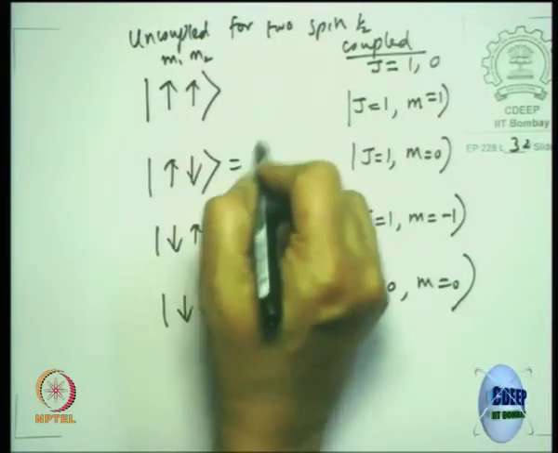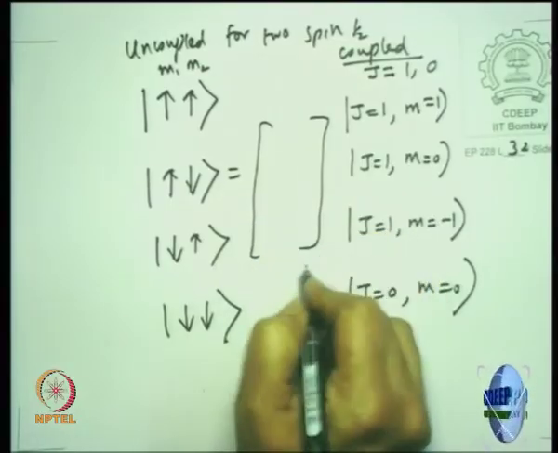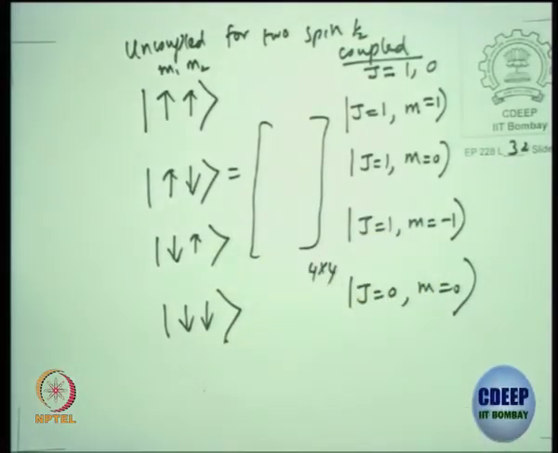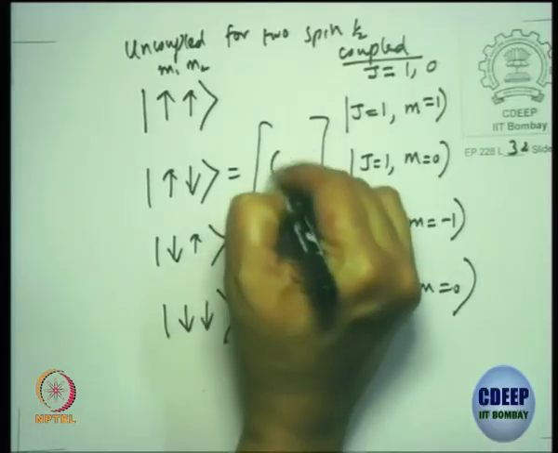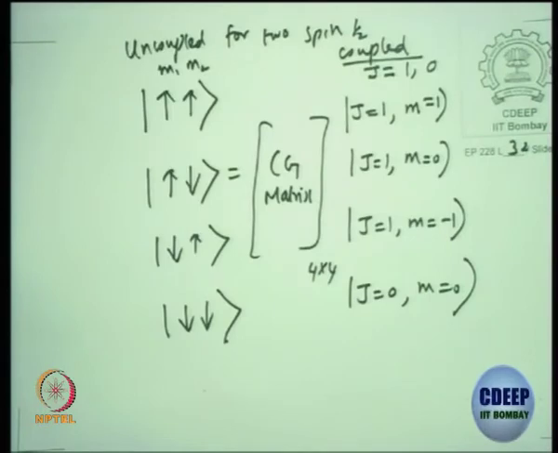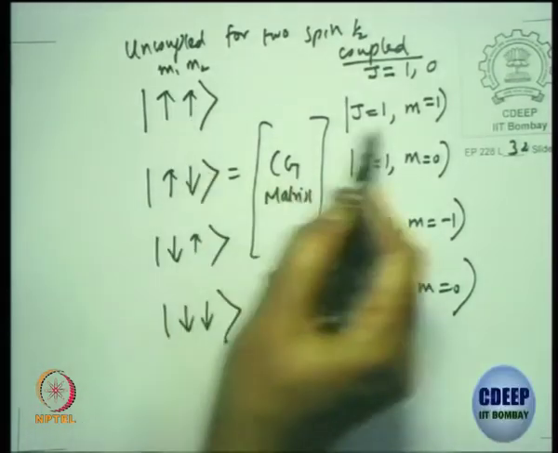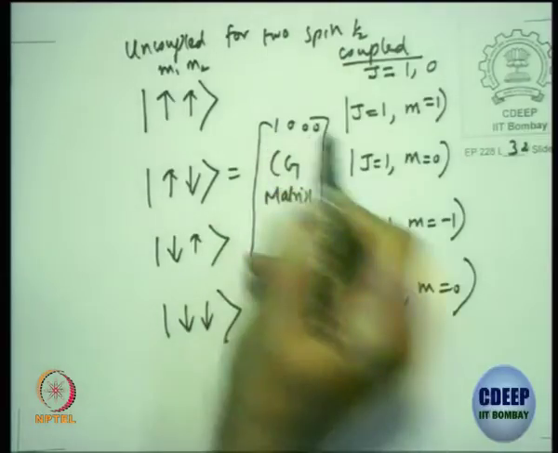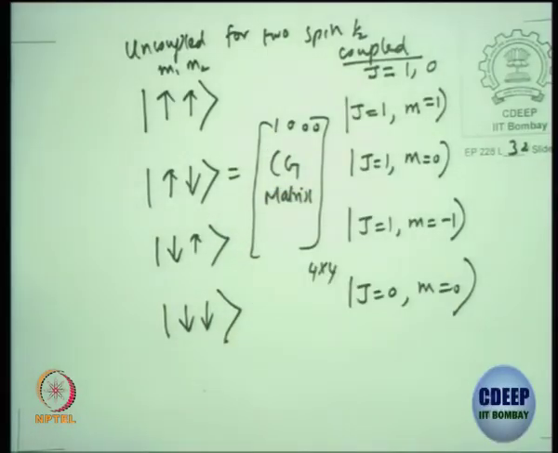So these should be related by a matrix which is a 4 cross 4 matrix. This is the CG matrix. We are interested in finding the CG matrix. The first element here is 1, 0, 0. You agree?